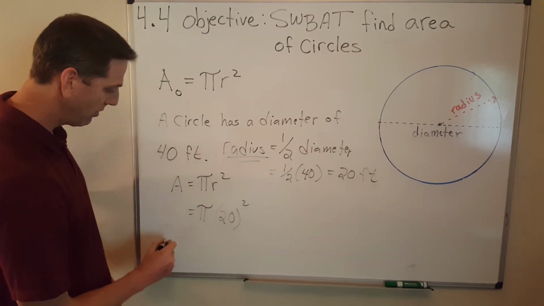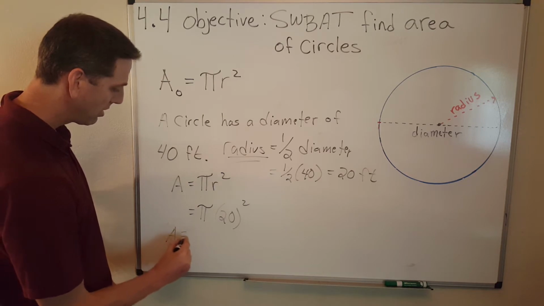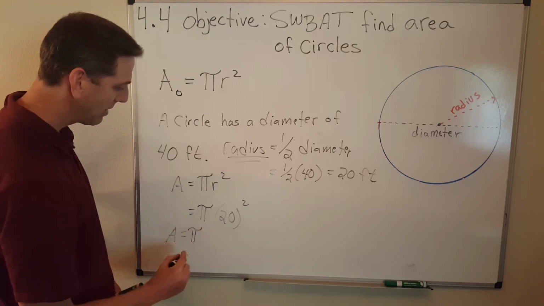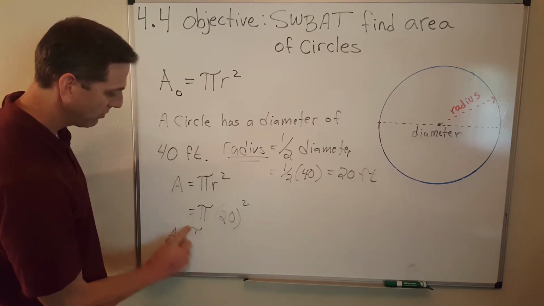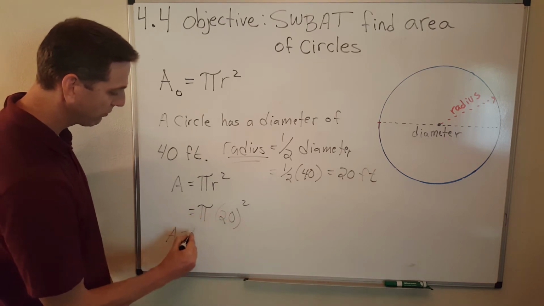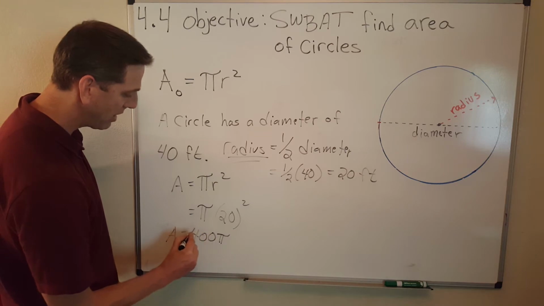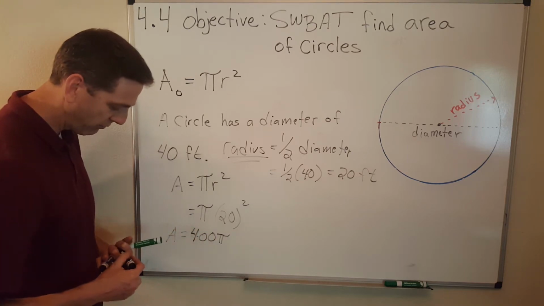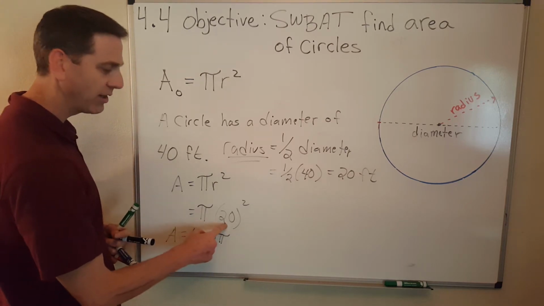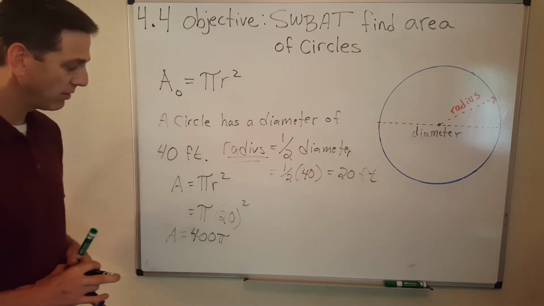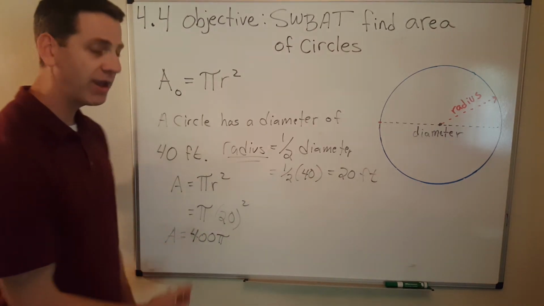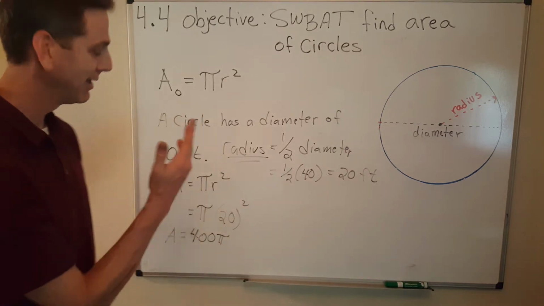So we get area equals 400 pi. Where did I get the 400? 20 times 20 is 400. Okay, so if they ask you, hey, in terms of pi, there it is.